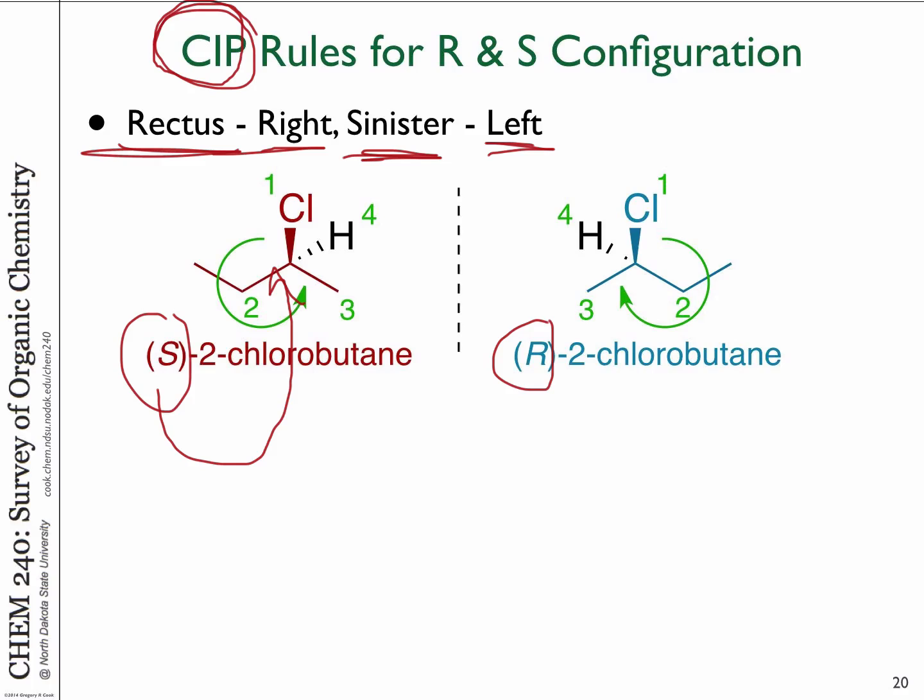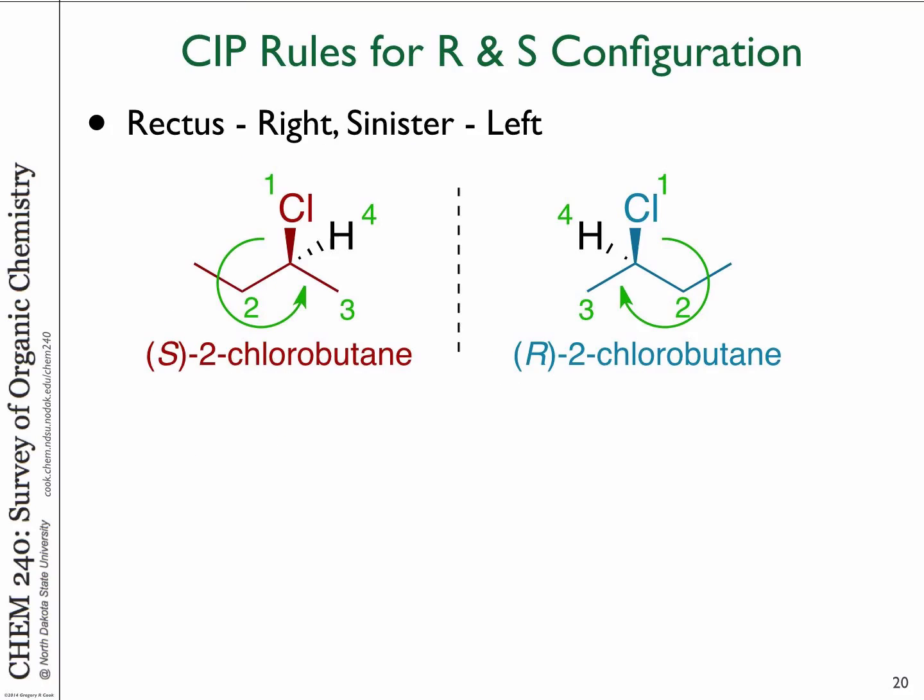So if you look at the specific carbon in 2-chlorobutane that the chlorine is attached to, that particular stereogenic carbon, there's a chlorine group, there's a hydrogen, there's a CH3 methyl, and then there's a CH2CH3 ethyl.